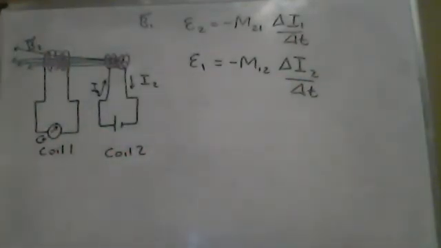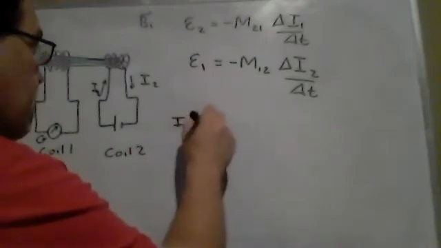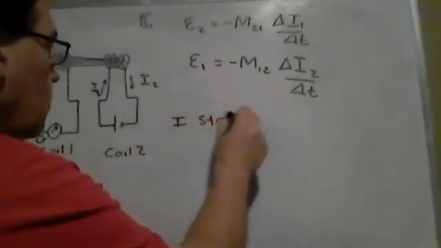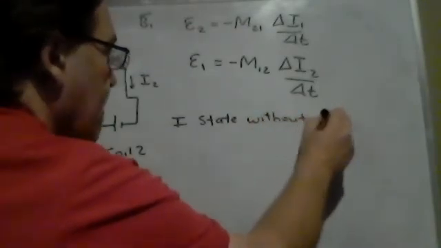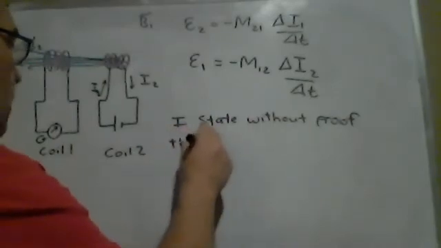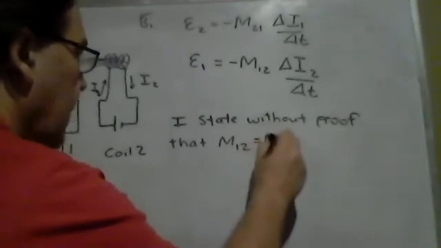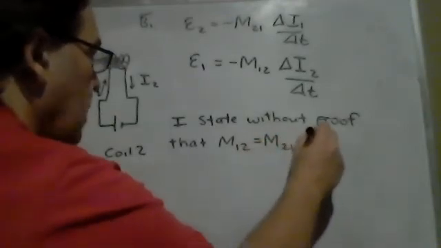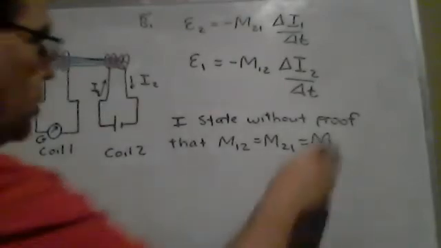And so now, this is not in any way obvious, but I state without proof that at this point, M12 equals M21, and we can just say it's equal to M. The two mutual inductances are equal to each other.